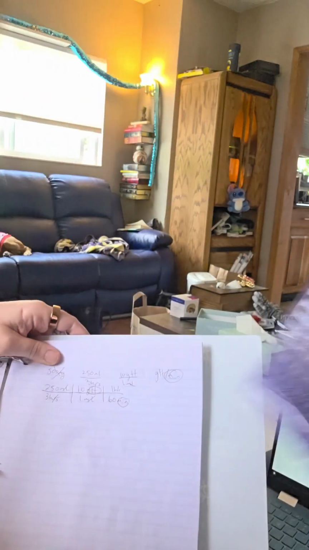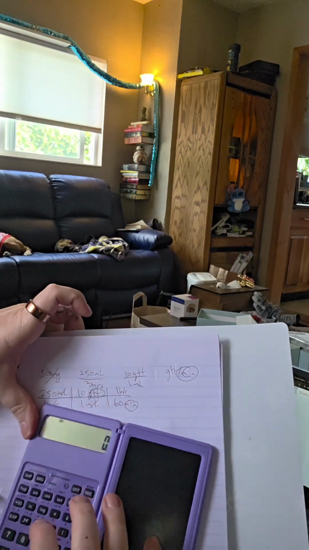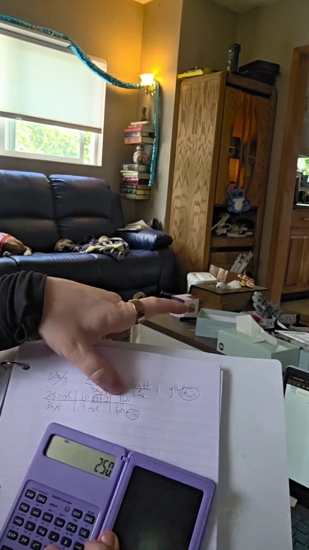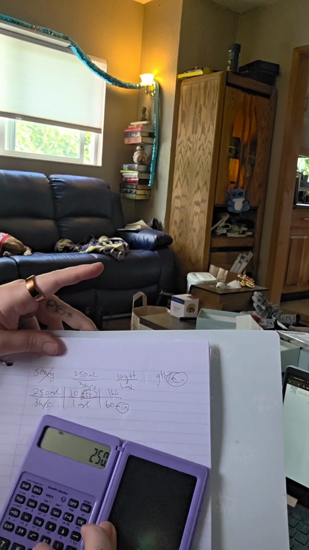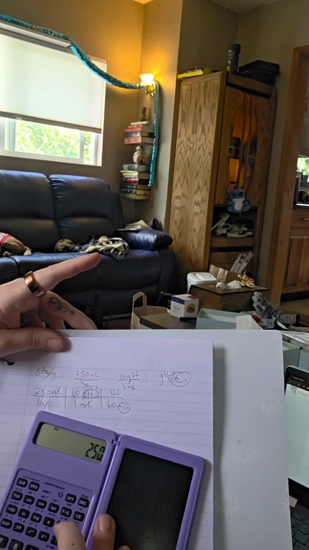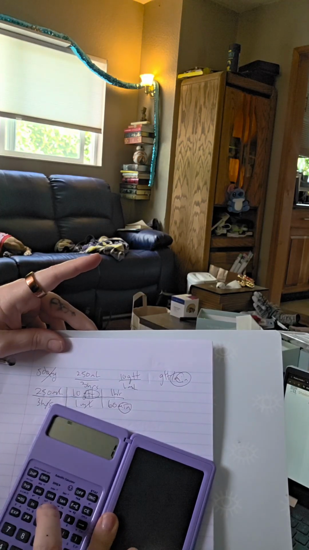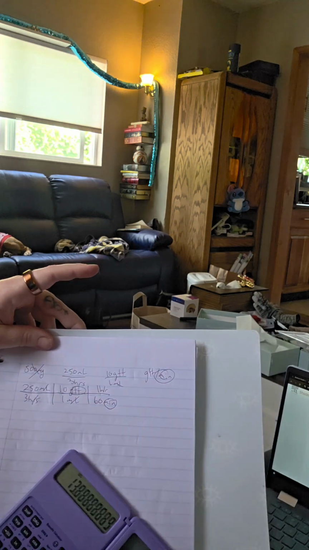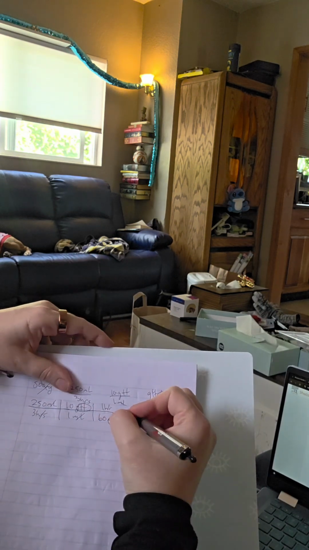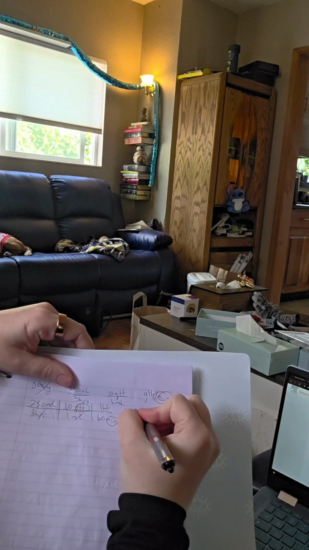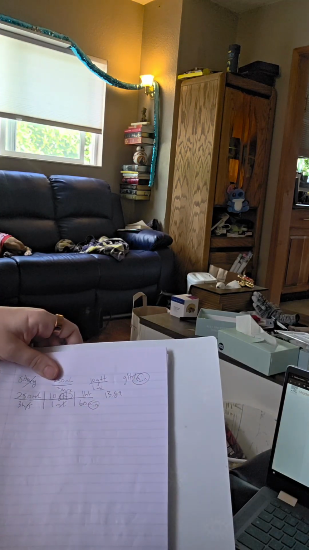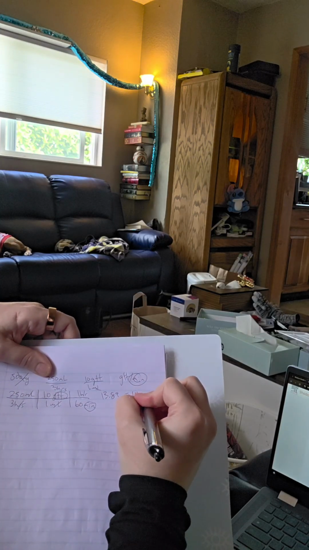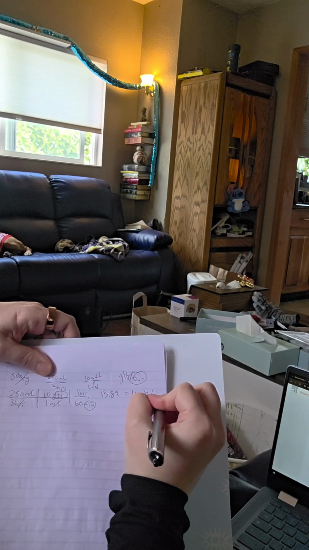Now let's do the math real quick. So that's 250. Everything on top you times, everything on bottom you divide, so it doesn't matter what order you do it in. 250 divided by 3 times 10 divided by 60 would equal 13.89, and it says round to the nearest whole number, so that would equal 14 GTT per minute.